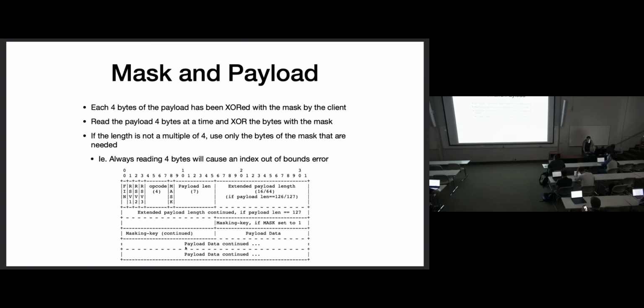The first 4 bytes of payload data are XORed with the masking key, the next 4 bytes are also XORed with the masking key, et cetera, throughout the entire payload length. If the payload is not divisible by 4, the extra bytes are masked with the first however many bytes we need of the masking key. So if there are 3 extra bytes at the end, you'll use the first 3 bytes of the masking key to XOR with those 3 bytes.